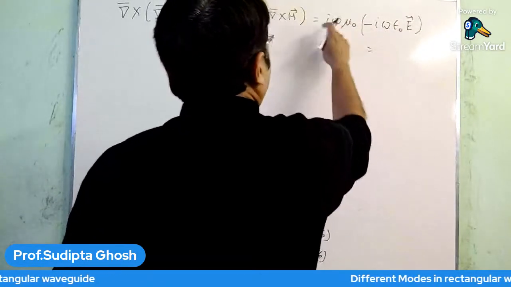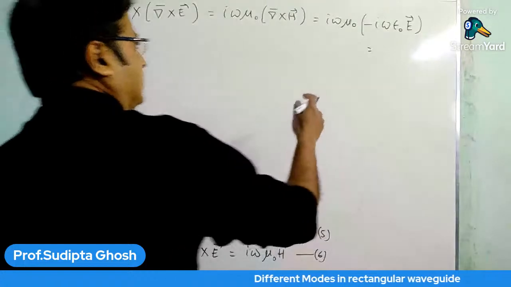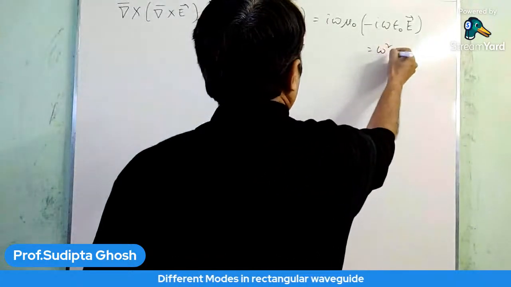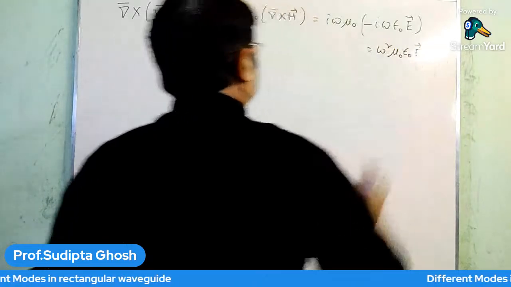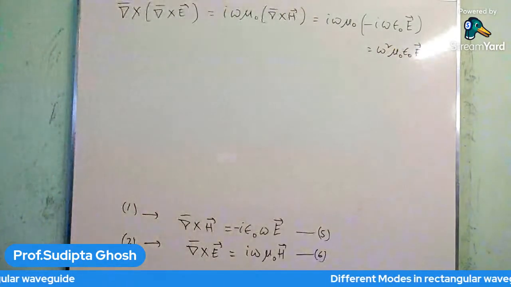So it will be I square, which means minus, so plus omega square mu 0 epsilon 0 capital E. That is the value in the right hand side.